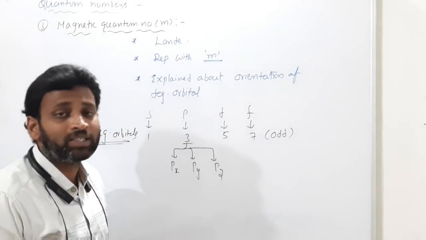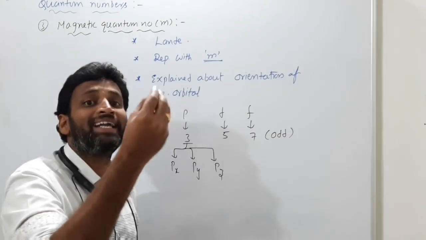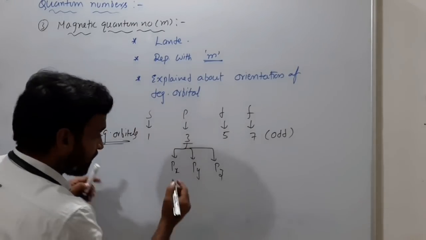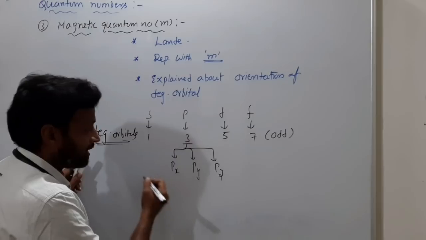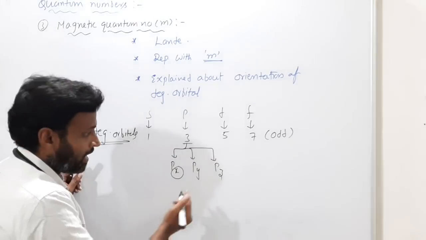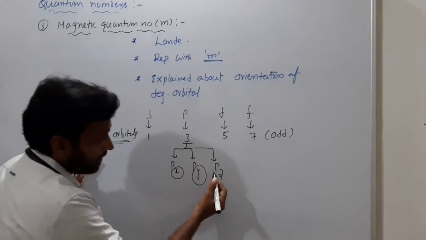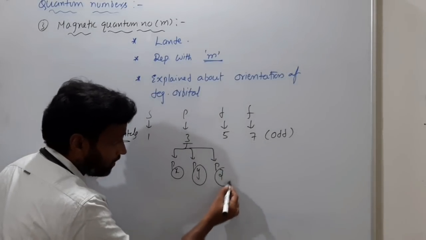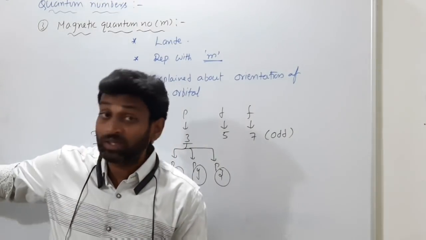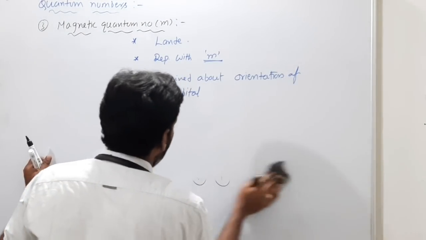What is an orbital? An orbital gives 95% probability of finding the electron. Px means the electron in the P subshell is on the x-axis, Py on the y-axis, Pz on the z-axis. That orientation is explained by the magnetic quantum number.